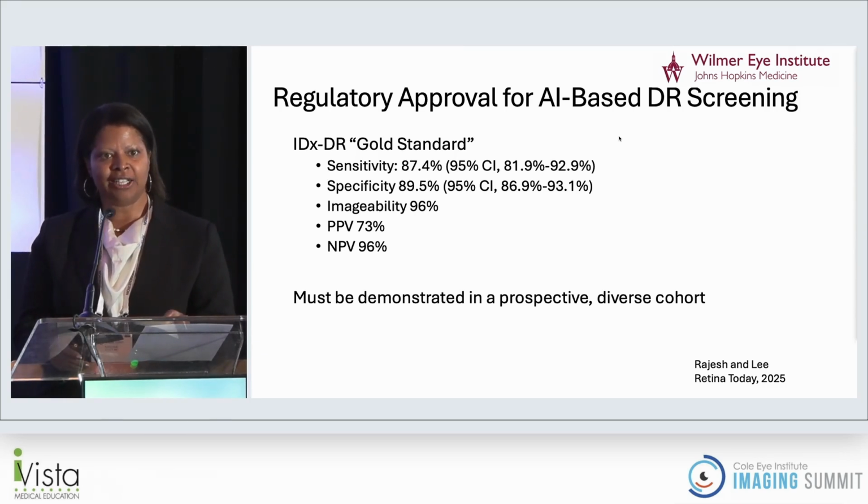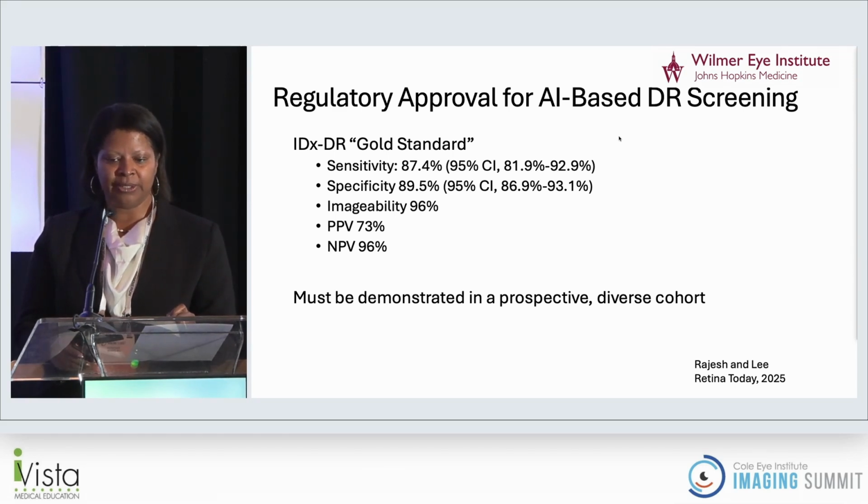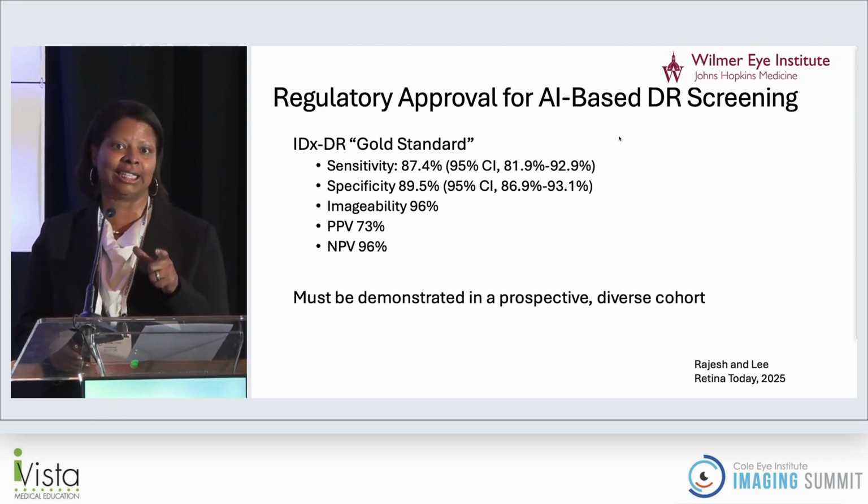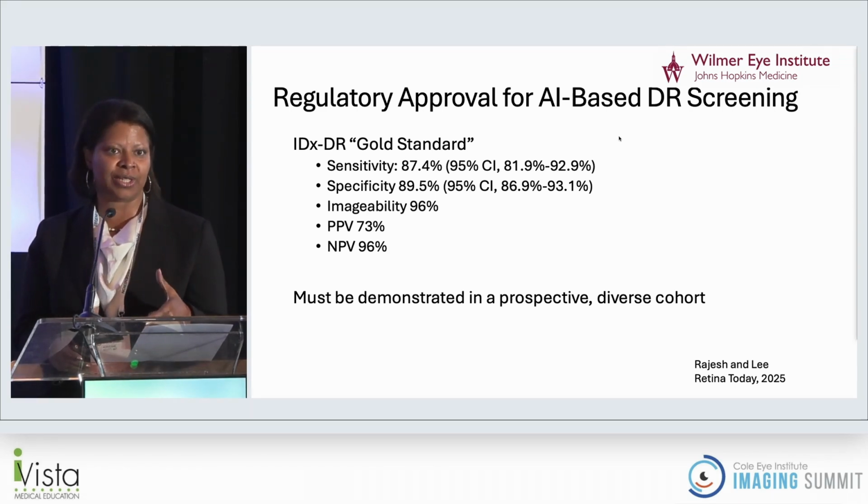So the IDx-DR is considered the gold standard, and you can see a sensitivity of about 87%, specificity of about 90%, imageability 96%, a positive predictive value of 73%, and a negative predictive value of about 96%. Any other AI system for diabetic retinopathy screening has to meet these criteria at least, or improve upon them. The IDx is used by the FDA as the gold standard.